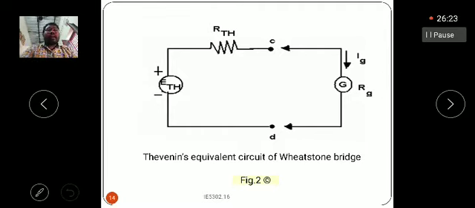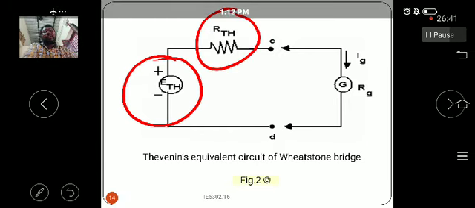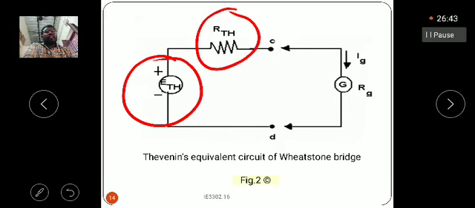Then the voltage source and resistance are connected in series with the galvanometer, that is the load resistance. In the Thevenin's equivalent circuit of the Wheatstone bridge, the total voltage is the Thevenin's voltage, the total equivalent resistance is the Thevenin's resistance, and the galvanometer resistor is Rg.